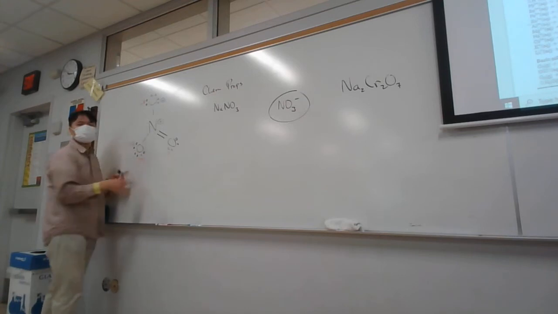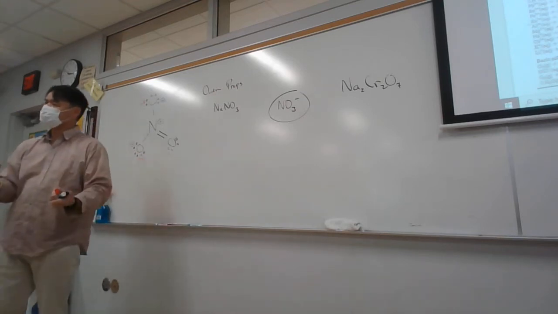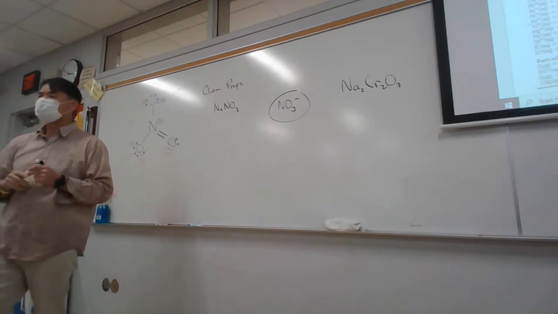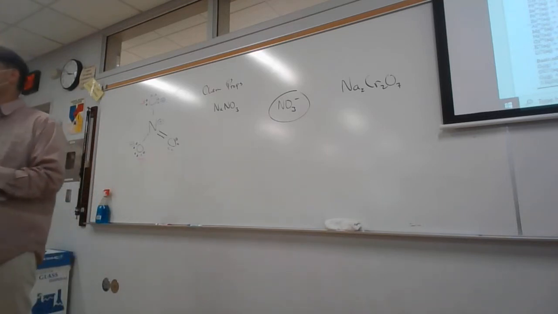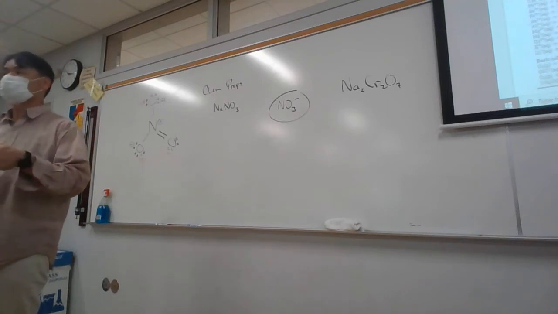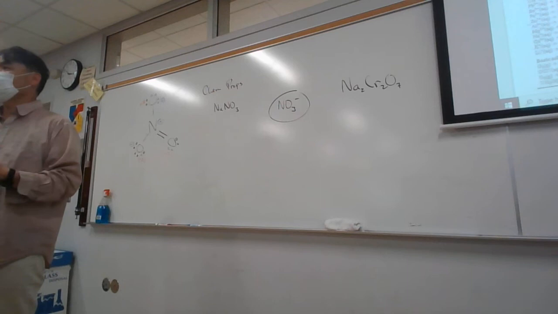So all these oxygens are happy as is. They aren't rich. They aren't poor. They're just where we expect oxygen to be. Think water. What's the oxidation state of oxygen in water? -2.